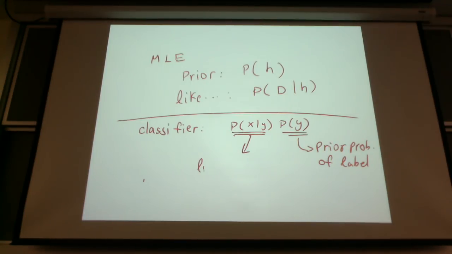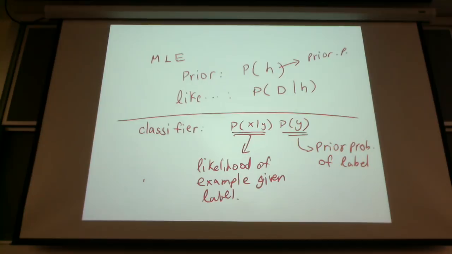This is the likelihood of the example. And this is the prior probability of the hypothesis, and this is the likelihood of the data conditioned on the hypothesis.